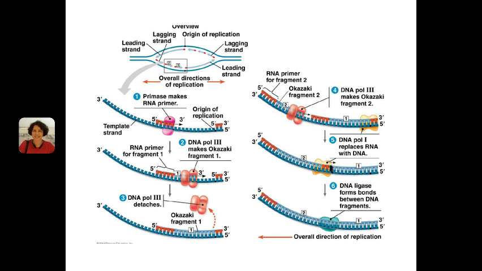So there is a little nick here. That nick is going to be sealed by ligase, which forms a phosphodiester bond between the two. And at that point, once ligase has connected those two fragments, then the DNA fragment is complete.